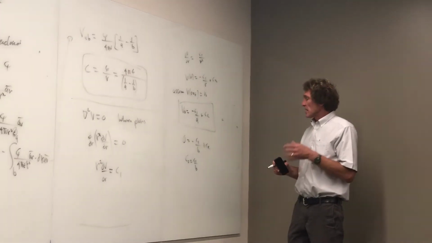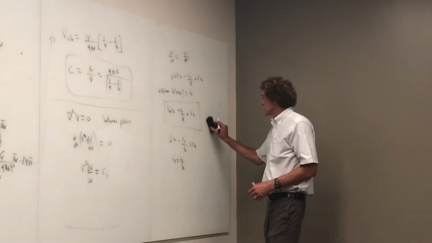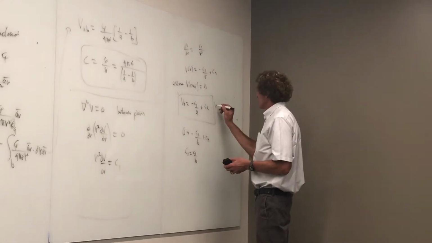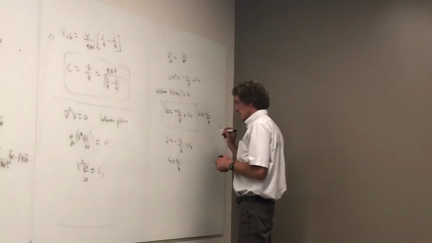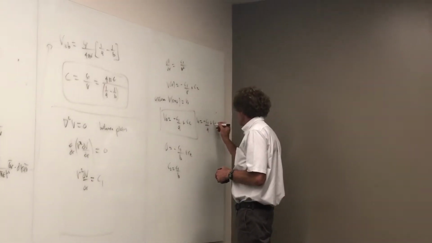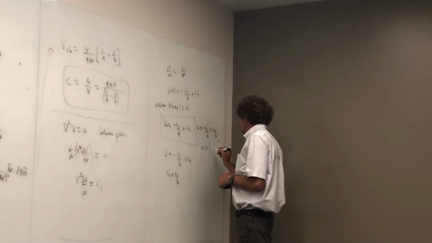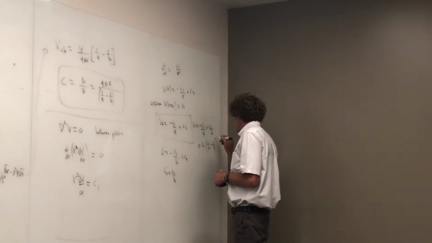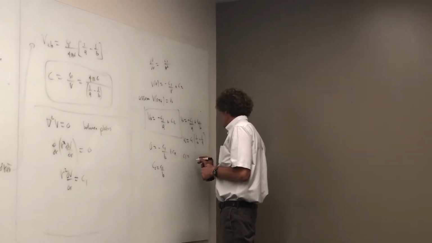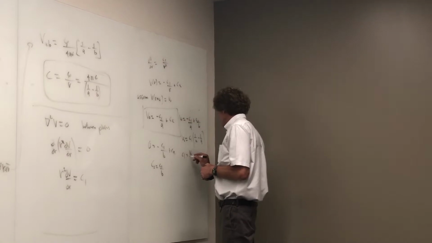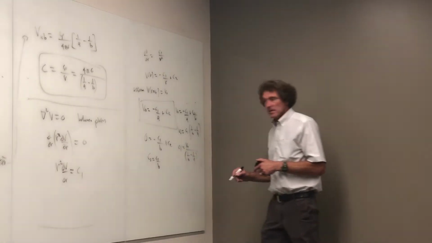Now I can go ahead and say that, based on that, this equation becomes V naught is equal to minus C1 over A plus C1 over B, or simply that C1 times (1 over B minus 1 over A) is equal to V naught, or C1 is equal to V naught divided by (1 over B minus 1 over A). Do y'all agree with me there, class?